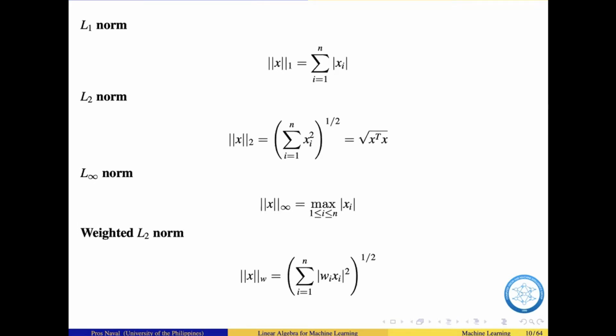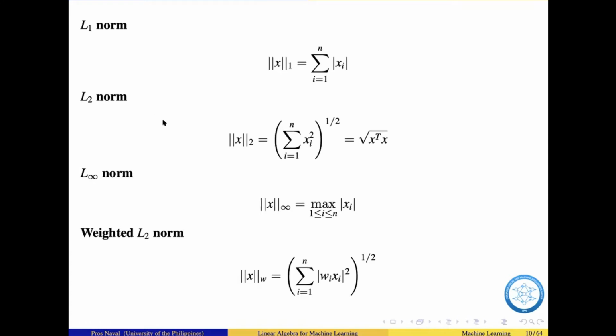The L1 norm, denoted by double bars with 1 as a subscript, is simply the sum of the absolute values of the elements of the vector. This L1 norm is also known as the Manhattan norm.